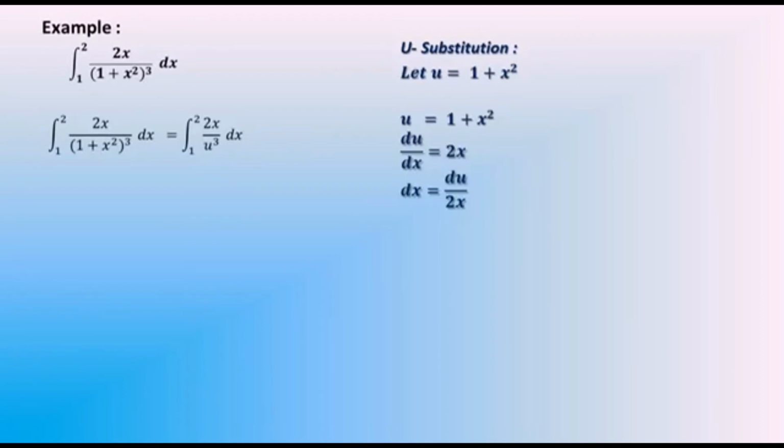Okey, kita teruskan, di mana kita gantikan terus 1 tambah x square kepada u. Jadi integrate 1 to 2, 2x over u to the power of 3 dx. Untuk seterusnya, kita gantikan nilai dx tadi kepada du over 2x, dan kita boleh simplifykan 2x dengan 2x.